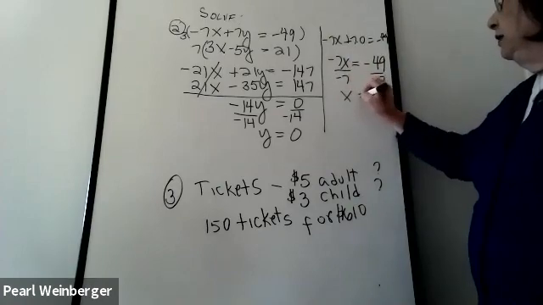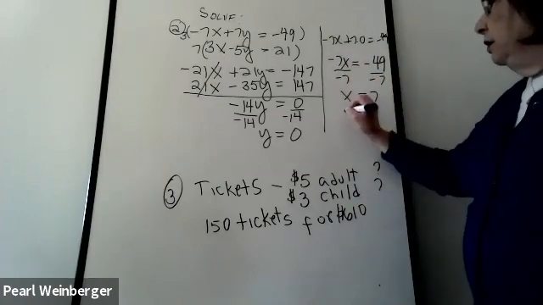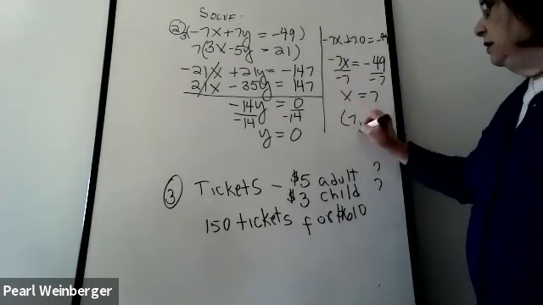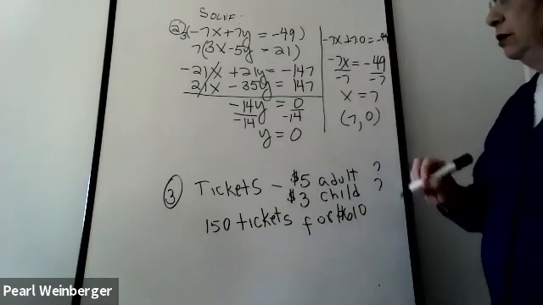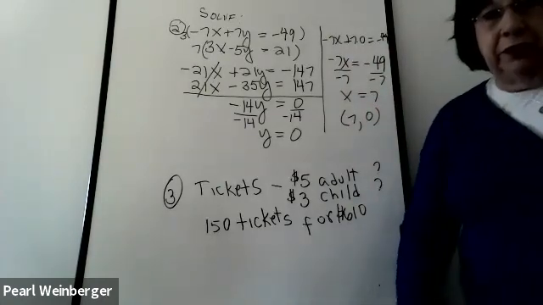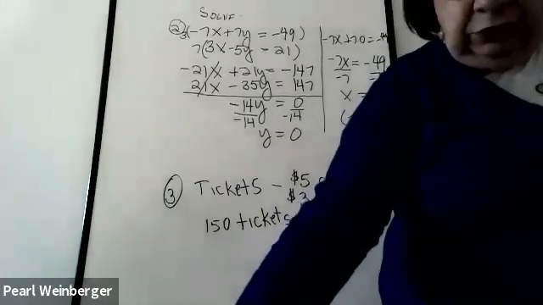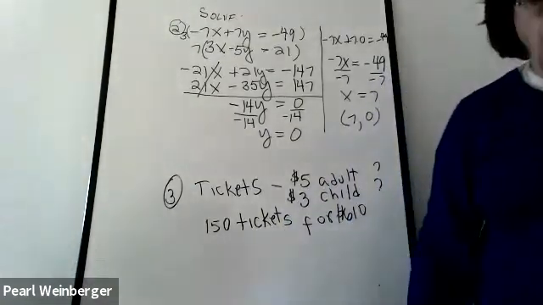And that gives me x equals positive 7. So my solution is x is 7, y is 0 as the solution for this system of equations. Any question?